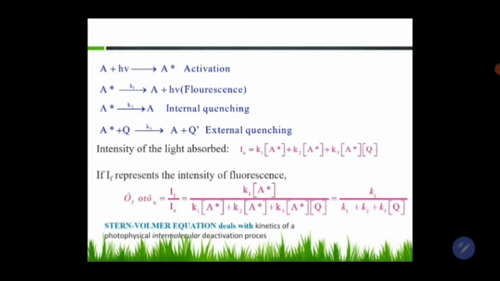So IA, the intensity of the radiation absorbed, is equal to K1 into A star plus K2 into A star plus K3 into A star into Q. Suppose IF represents the intensity of fluorescence, you can find out the efficiency, that is phi F, or phi Q, equal to IF divided by IA, that is K1 into A star divided by K1 into A star plus K2 into A star plus K3 into A star into Q. That could be simplified as K1 divided by K1 plus K2 plus K3 into Q. This equation is what we call the Stern-Volmer equation, which deals with the kinetics of photophysical intermolecular deactivation processes.